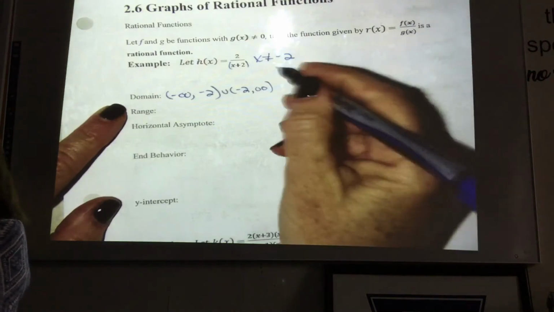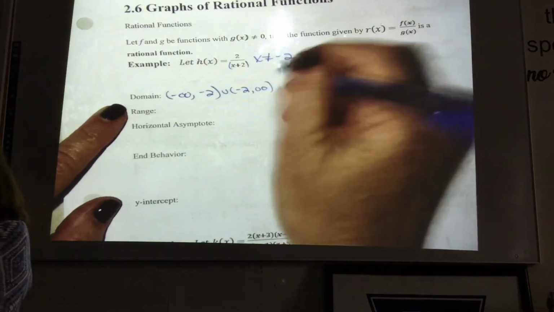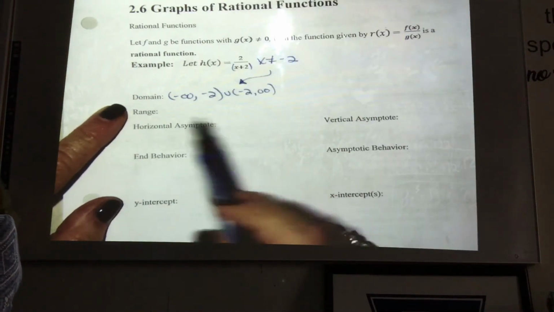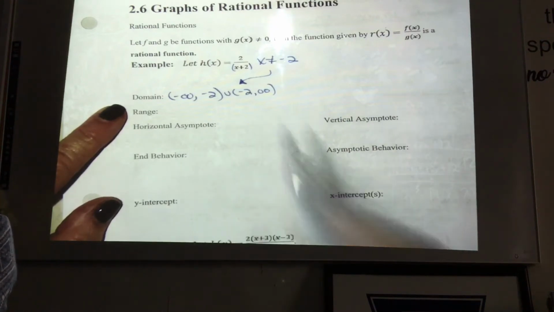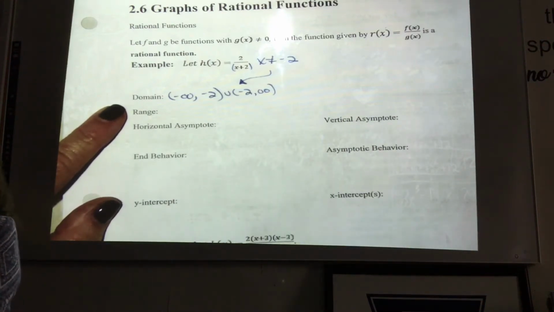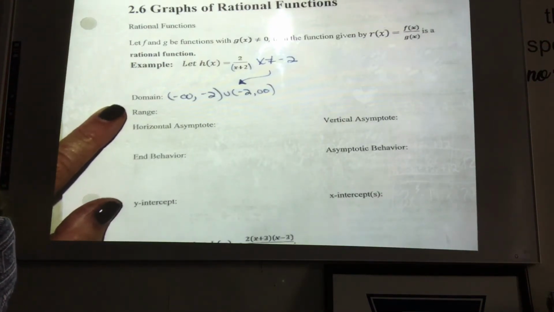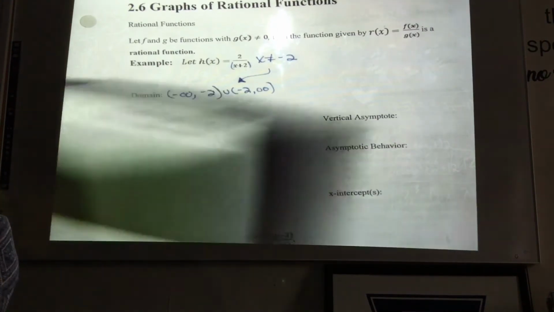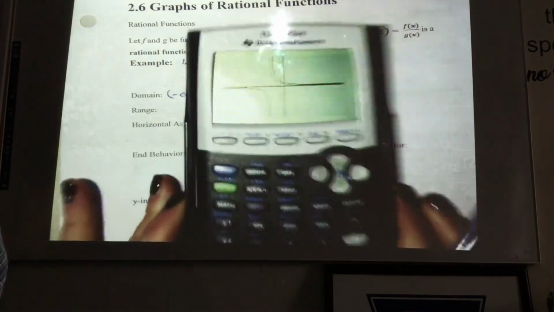So once I find my restrictions, I have automatically then found my domain. And we're writing it in interval notation from -infinity to infinity. We always write it from least to greatest, just as if it was going along a number line. Okay, so that's my domain. Does that make sense looking at my graph?